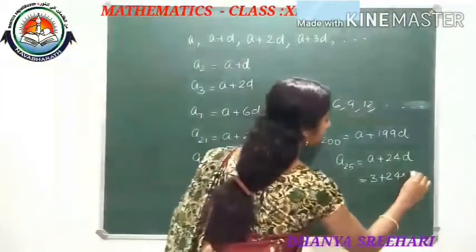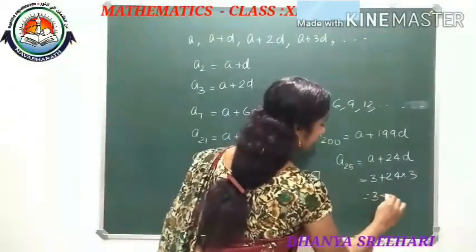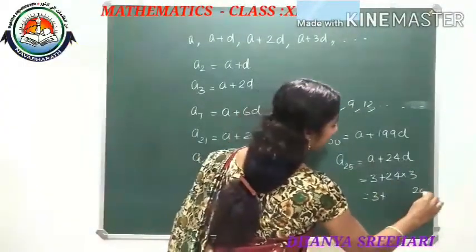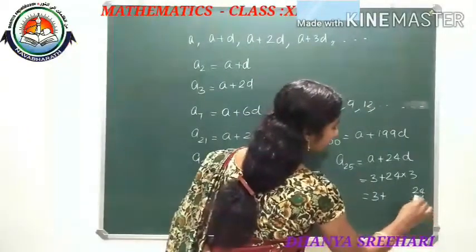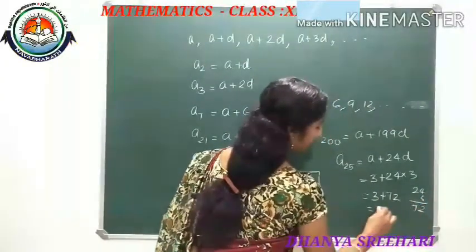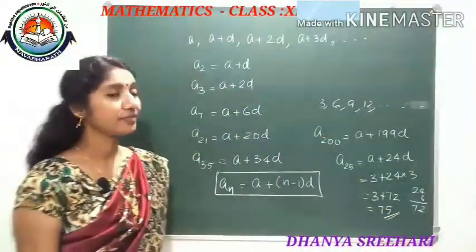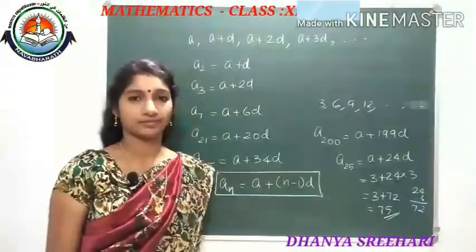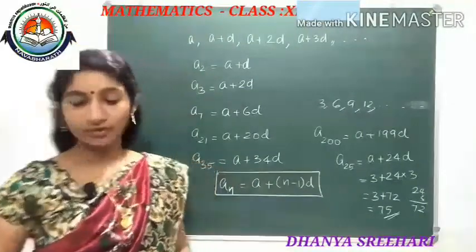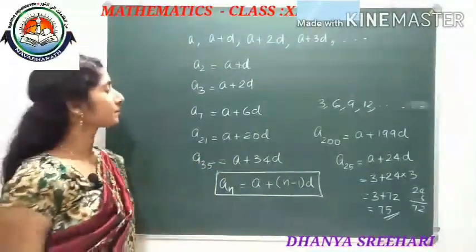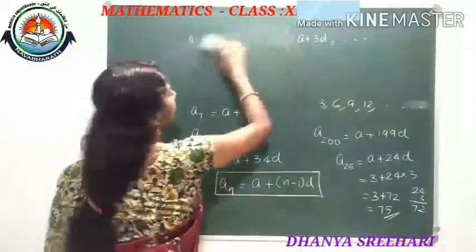So 3 plus 24 into 3: 24 into 3, 4 3s are 12, 2 3s are 6, so 72, and we are getting 75. So 75 is the 25th term of that AP. Got it? So if you have one AP, you will be able to say any term for that AP.